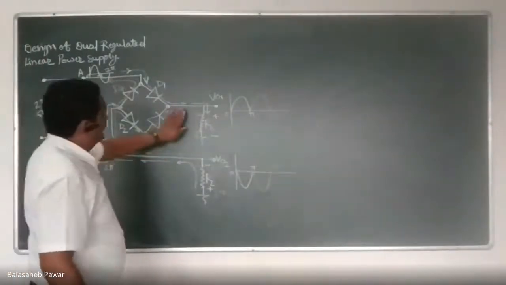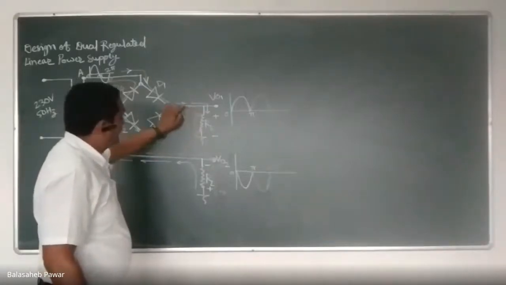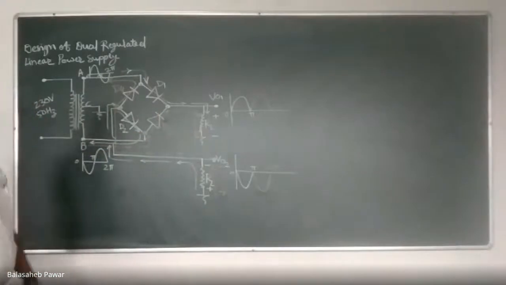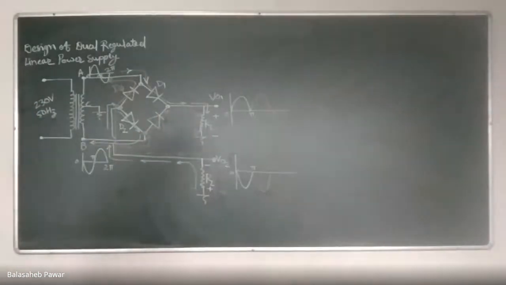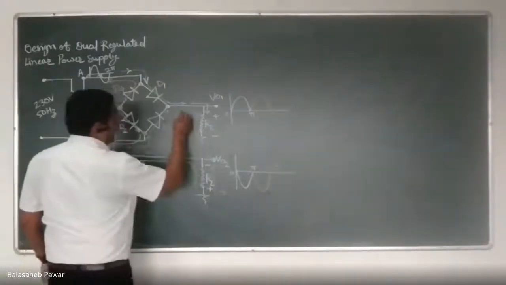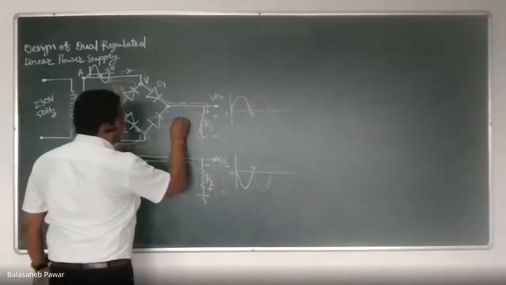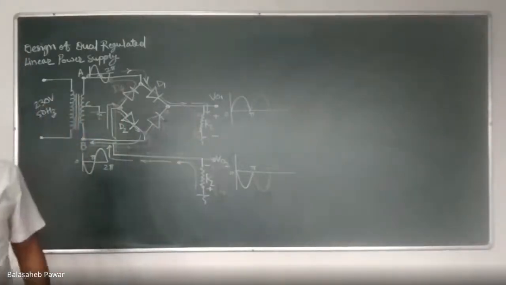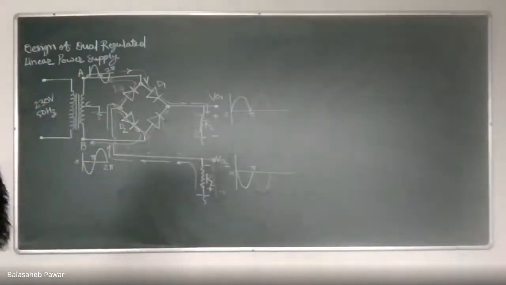Now, across this upper half, if I connect one filter capacitor, I will show here one filter capacitor in parallel. Is it visible? I'm changing the color. Okay.